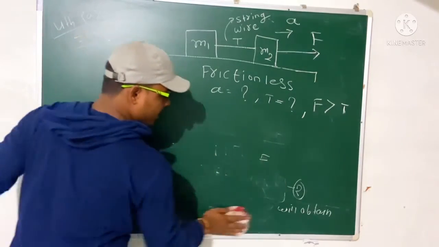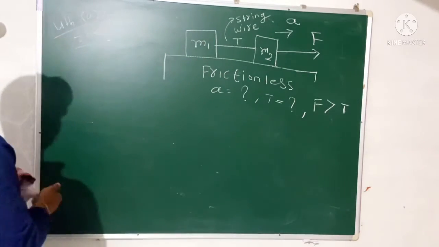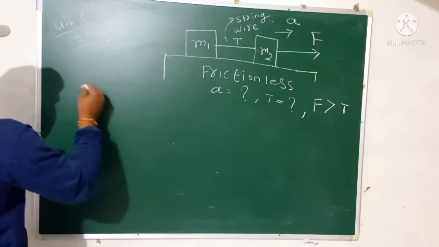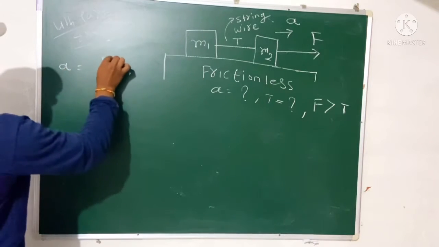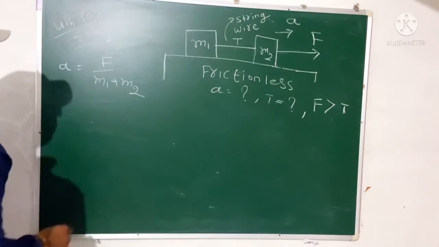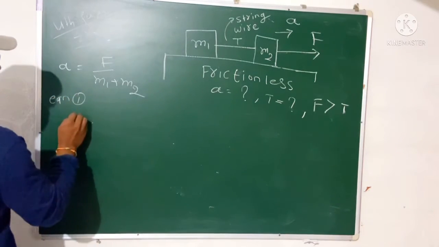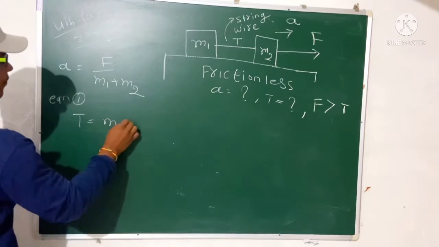Right. So the acceleration we get. We obtain the acceleration. So acceleration is nothing but F by M1 plus M2. Right. So from equation 1, what does equation 1 say? T equal to M1A.